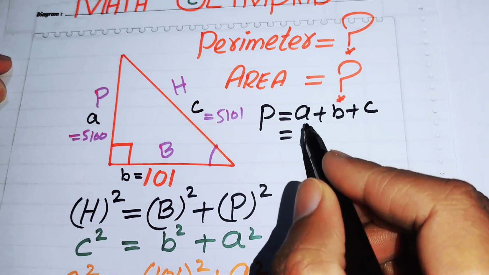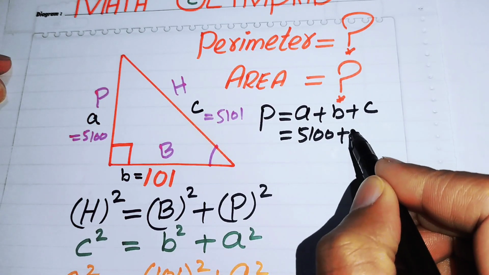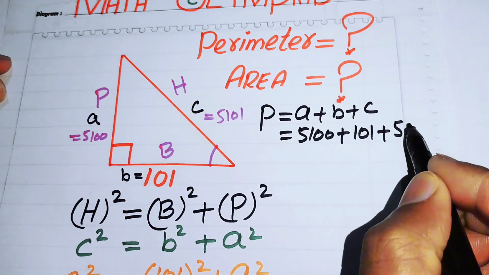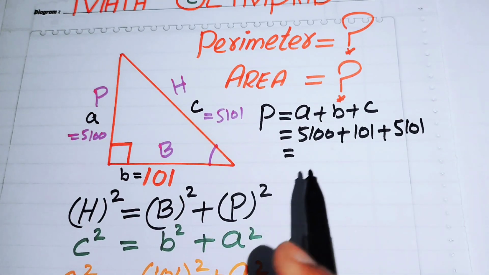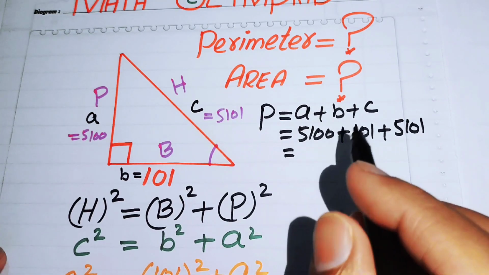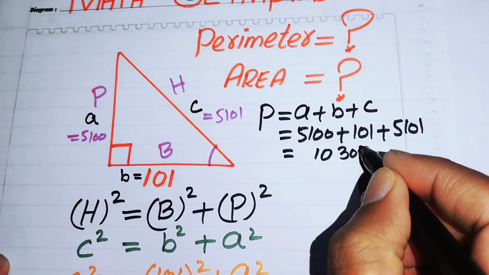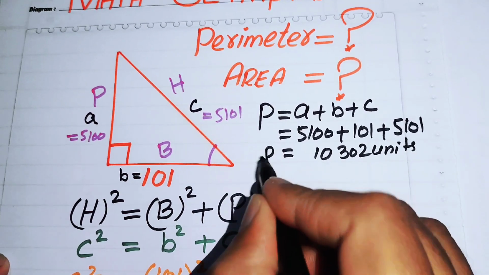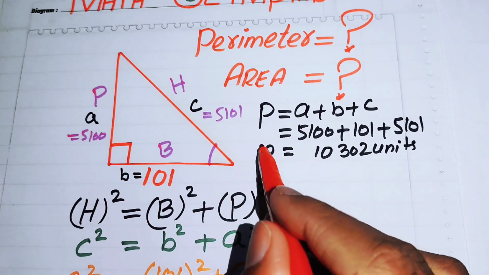We have a is 5,100, b is 101, and c is 5,101. When you add all these three values, you get 10,302 units. So this is the perimeter of this triangle.